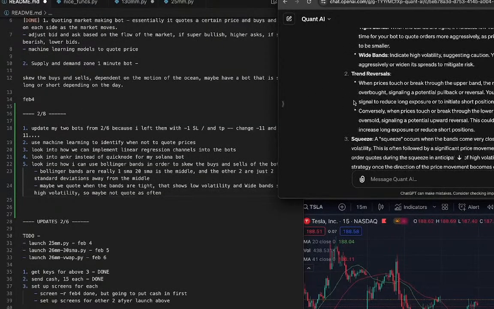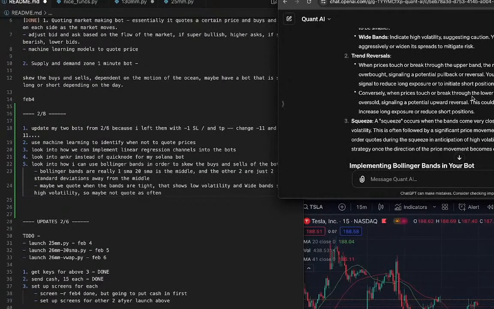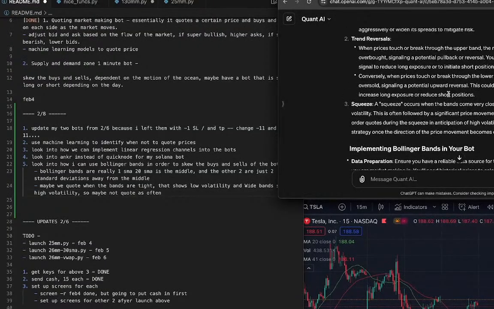trend reversals. When price touches or breaks through the upper band, the market might be considered overbought, signaling a potential pullback or reversal. Your bot could use this as a signal to reduce long exposure or initiate short position.